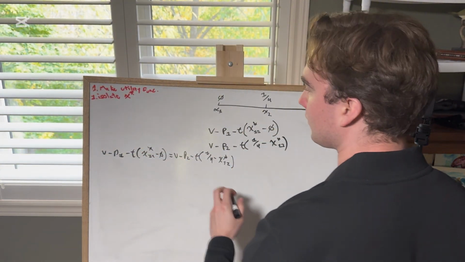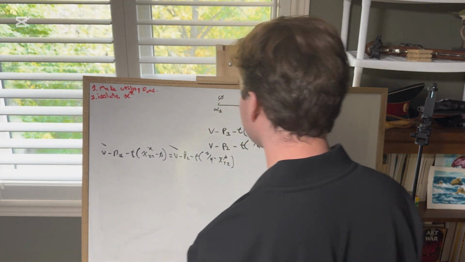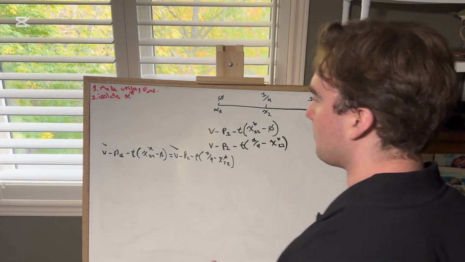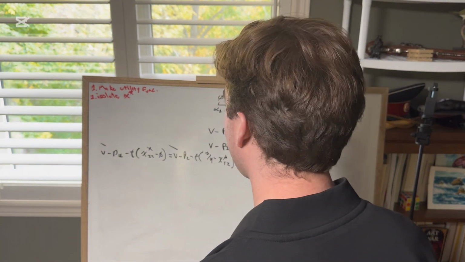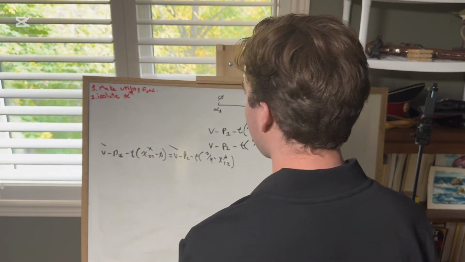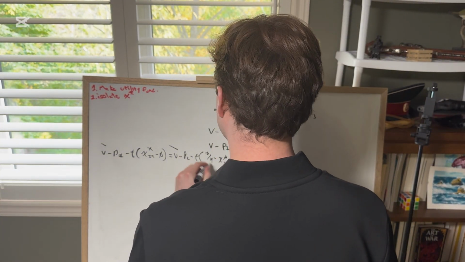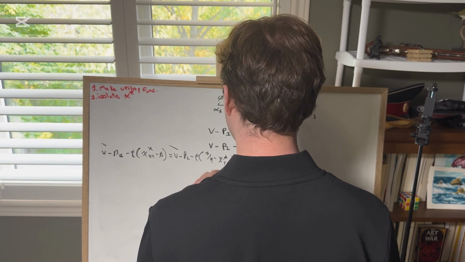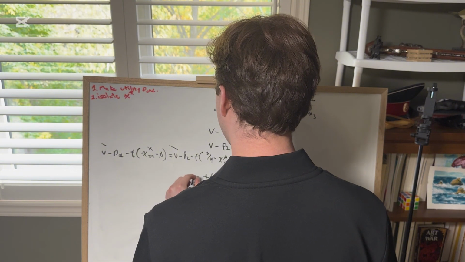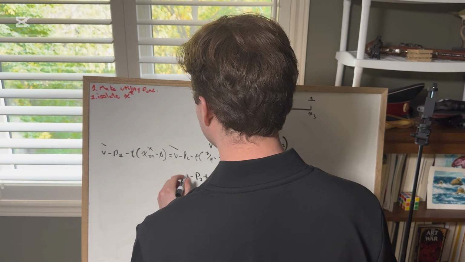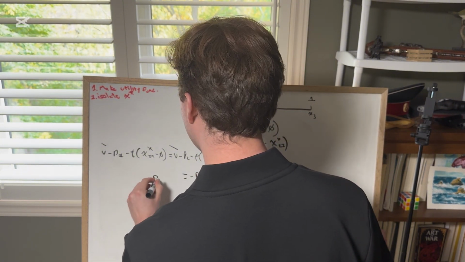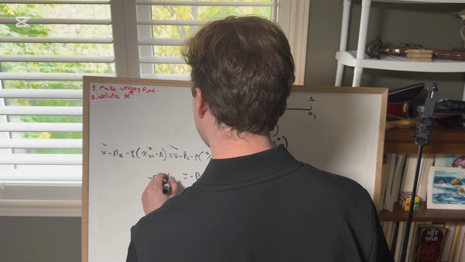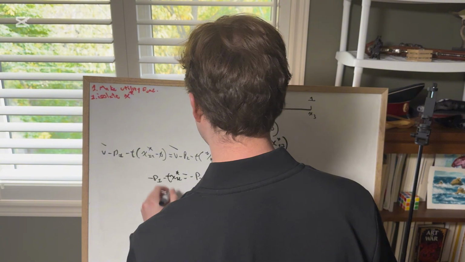Okay, so your V's are gone. And I'm thinking here, let's move some stuff around. So this gives plus T X12. This is P2 is equal to less P1 less T X12.